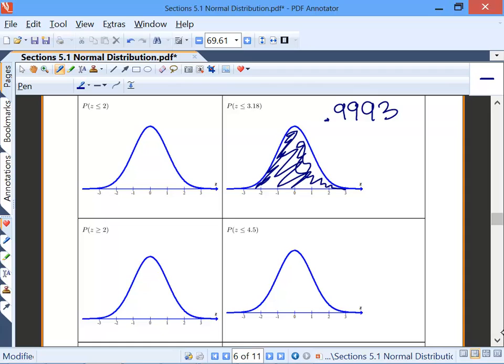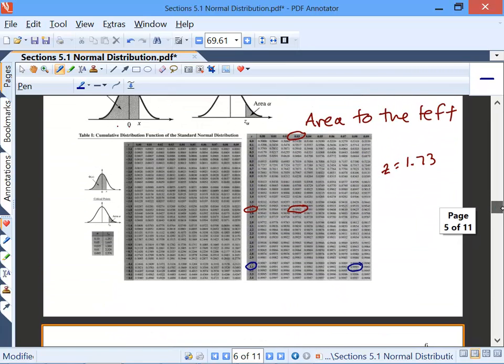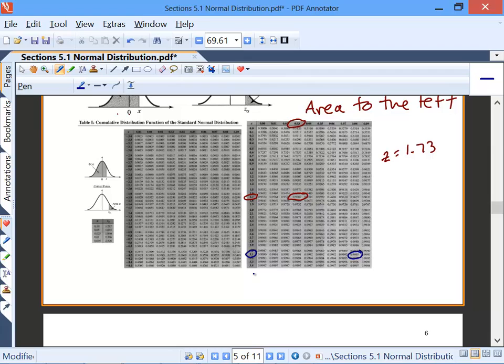The next one is kind of similar. We have the probability that z is less than or equal to 4.5. So my 4.5 would be over here. I'm looking for all the area to the left. What do you think this probability is going to be? It should be almost 1. Okay. Now if you look at your table, you'll notice the z values only go up to 3.49.